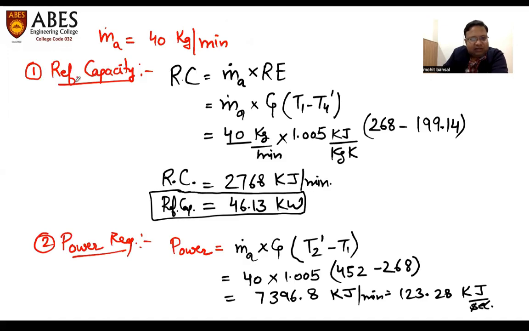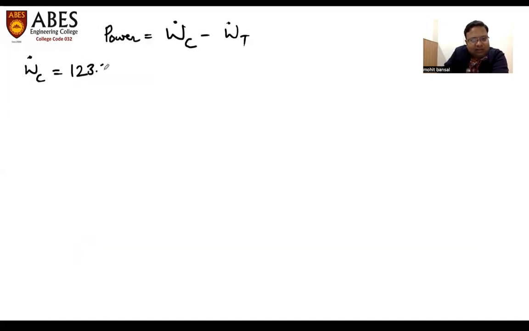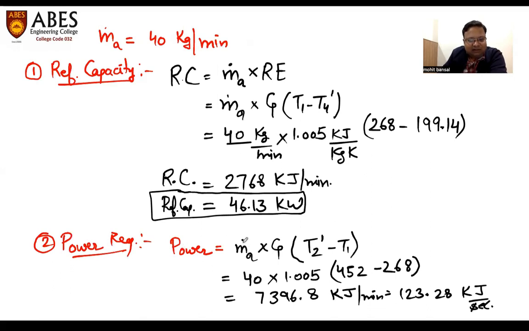So it comes out to be 123.28 kilojoule per second. Likewise, for the process of the expander, we have to find out the work of the turbine, and in the same manner we will find the mass flow rate of the air into Cp into (T3 minus T4 dash).